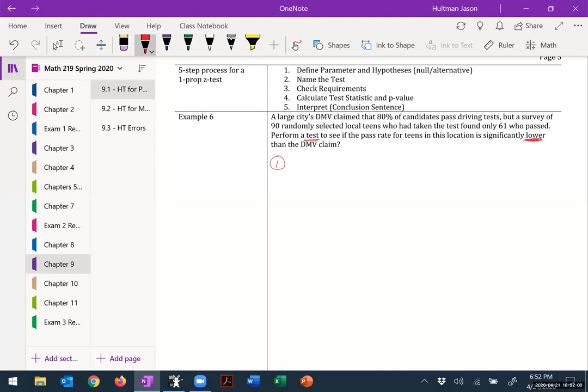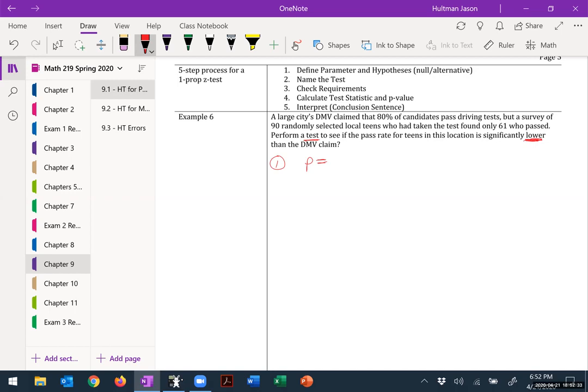Our first step is to define the parameter, the null and the alternative hypotheses. So what's the parameter? What's the population value? What's P in this case? The population proportion.